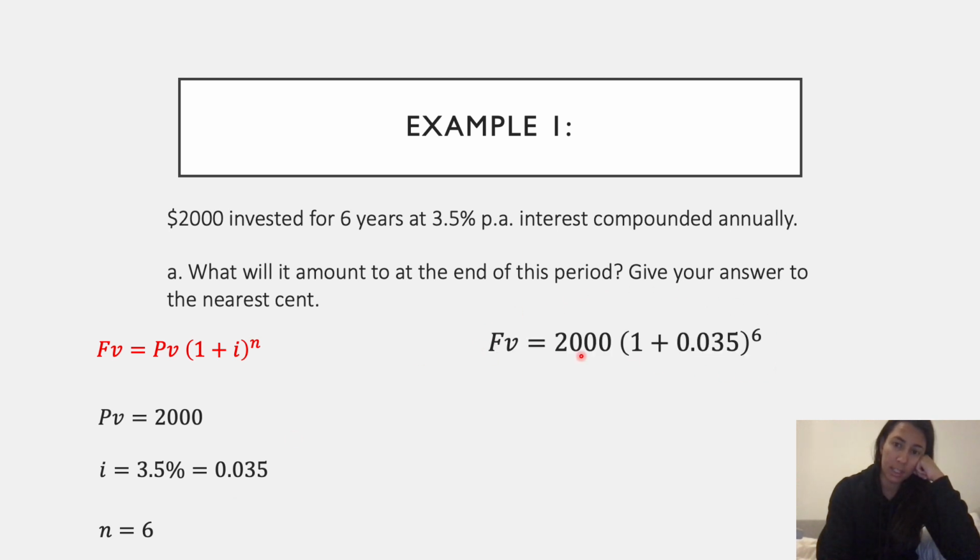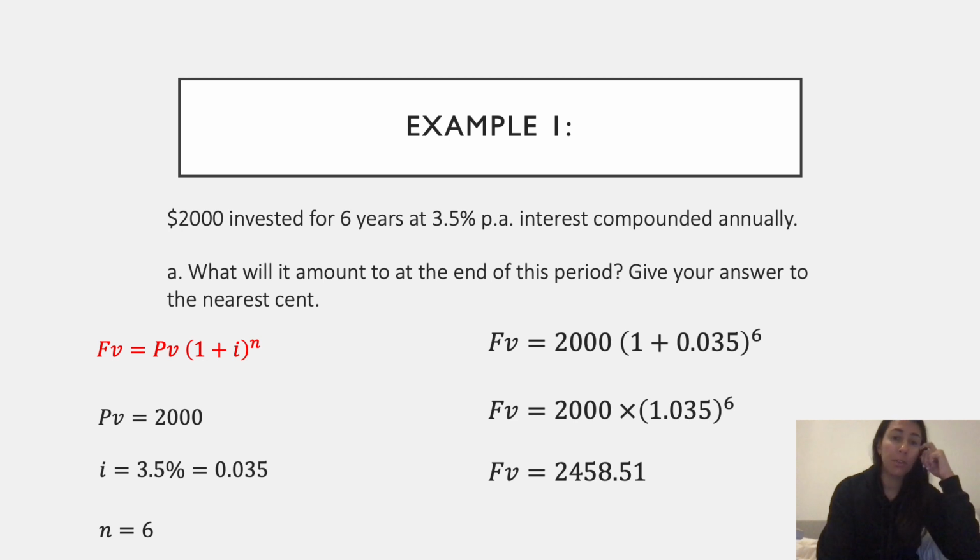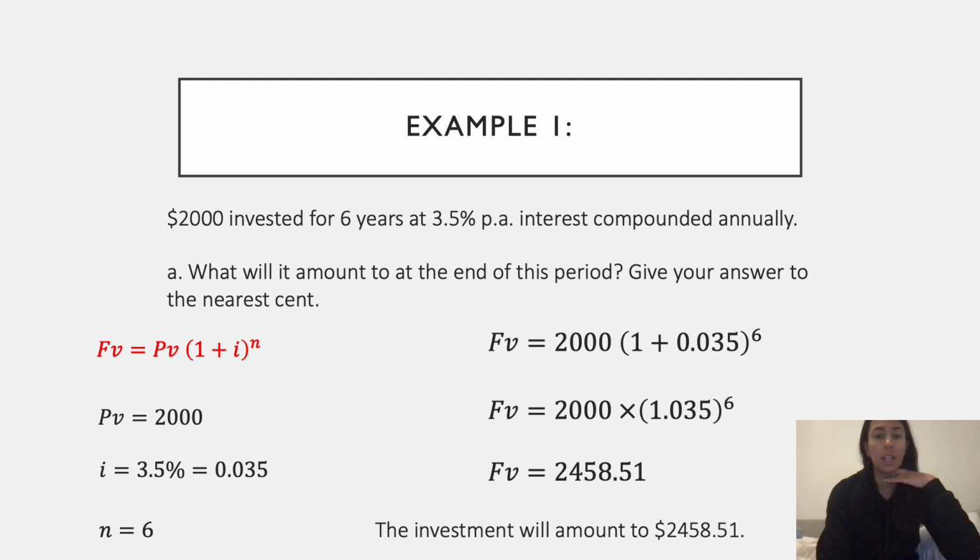So it would look like this. And then you could put this straight into your calculator and that would work fine. I have shown just a further simplified step here, and you would get $2,458.51. So the investment will amount to $2,458.51. So that's part A.